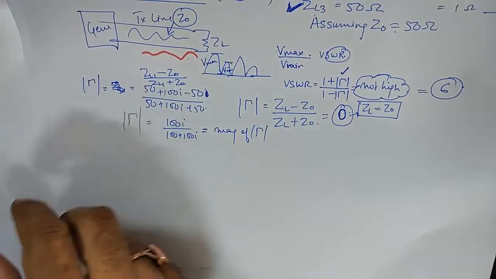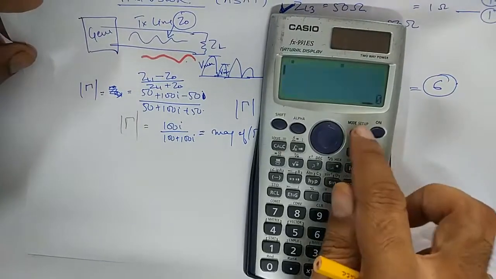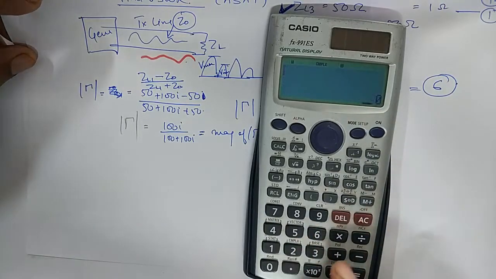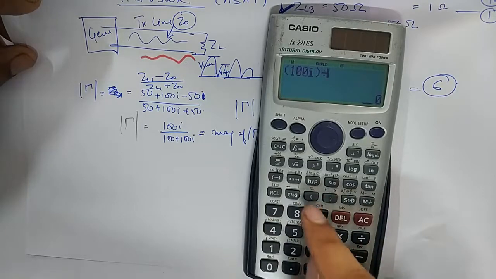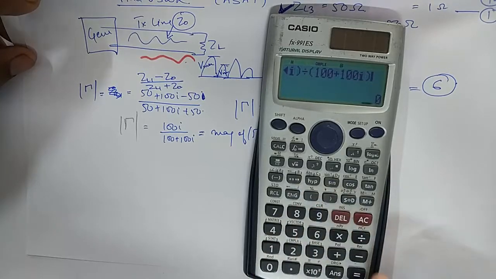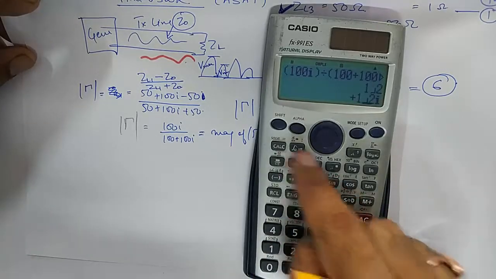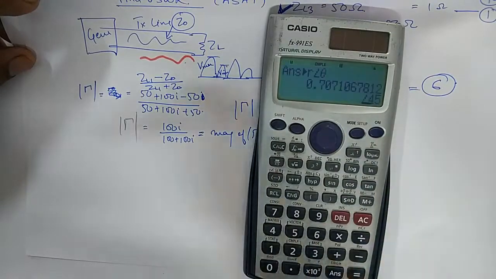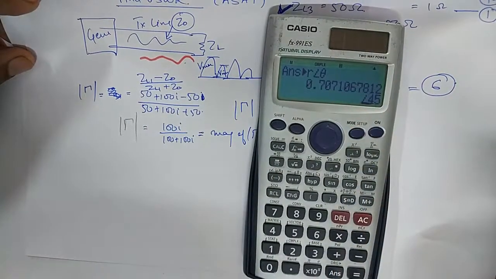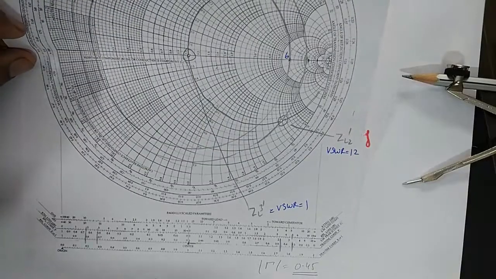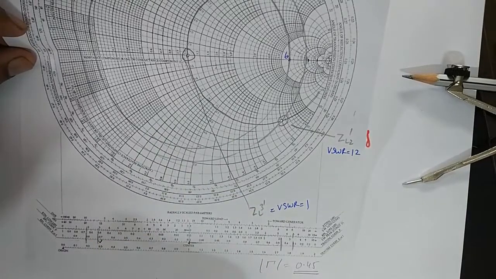Now if you do 100 j divided by 100 plus 100 j, you get almost 71% of the signal, which was depicted here also at this. So we've just verified that.